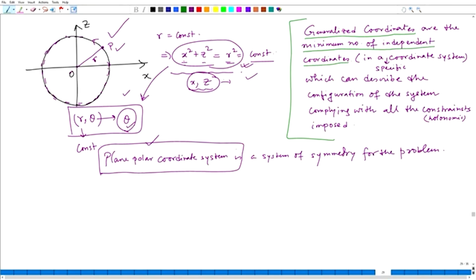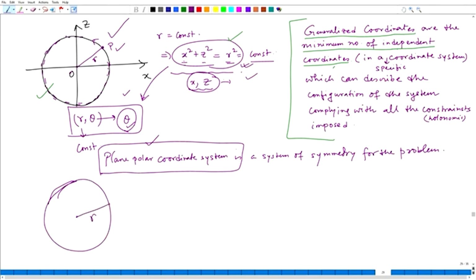Here again, in order to make you realize the meaning of independent coordinates: when you are using the Cartesian coordinate system, you have two variables, but these two variables are not independent of each other. However, let us say I am now thinking, instead of a circle, of the motion of a particle on the surface of a sphere, and the radius of the sphere is constant.